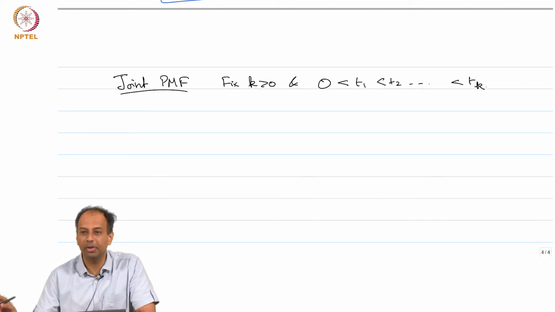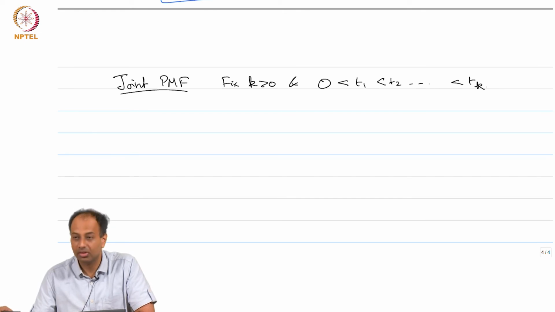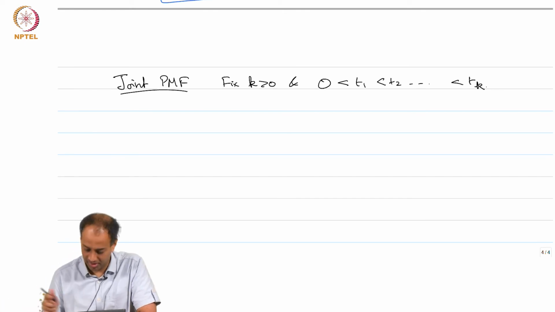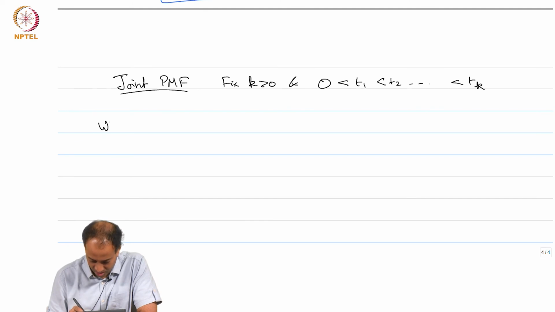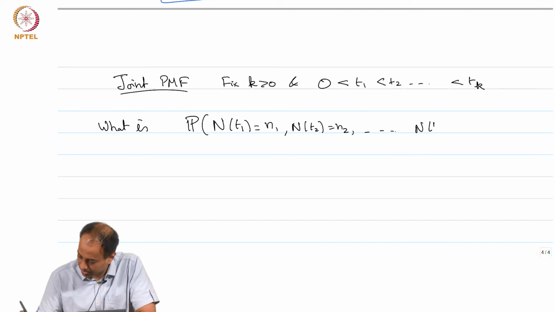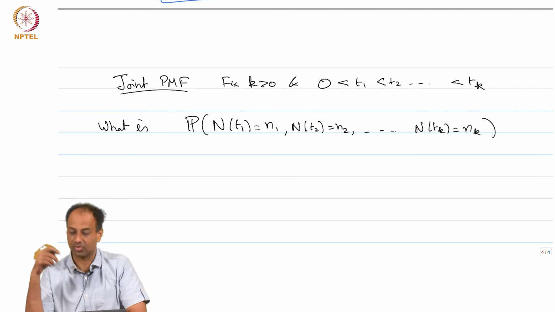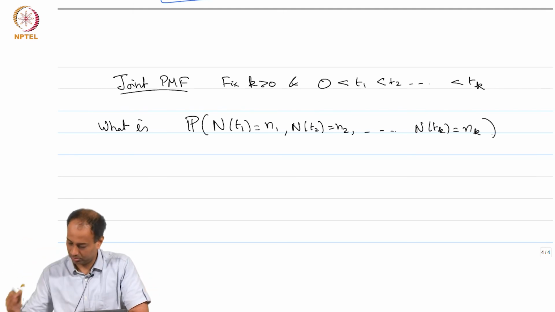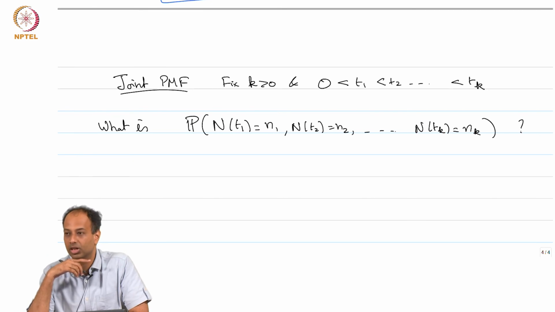So, you want the joint PMF of N(t1), N(t2), etcetera. So, what is the probability that N(t1) equal to n1, N(t2) equal to n2, dot dot dot, okay.